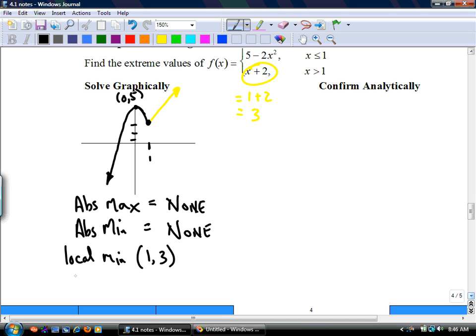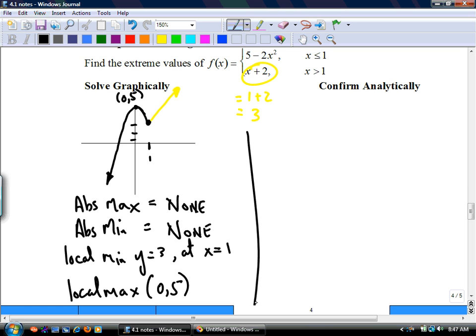And a local max at a lackle. Well, local min of y equals 3 at x equals 1. Or you could just say 1 comma 3 if you want to do coordinates. Whatever floats your boat.